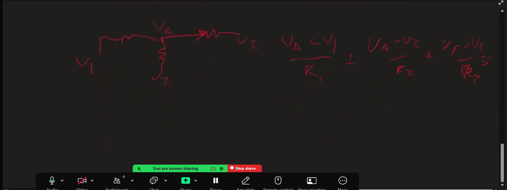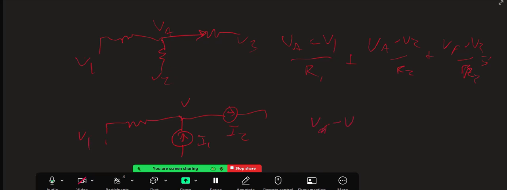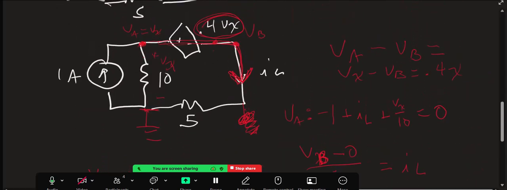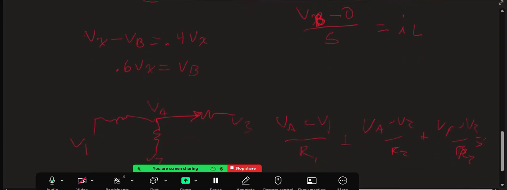Sometimes you also have a current source, and then you just use the currents. So if that's I1 and that's I2, and I have V1 over there, it'd be V minus V1 over R minus I1 plus I2 equals 0. In this case, I had a big mess because of this dependent voltage source, so I said, to start off with, I'm just going to call it IL and we'll figure it out later. That's the step we're at right now.